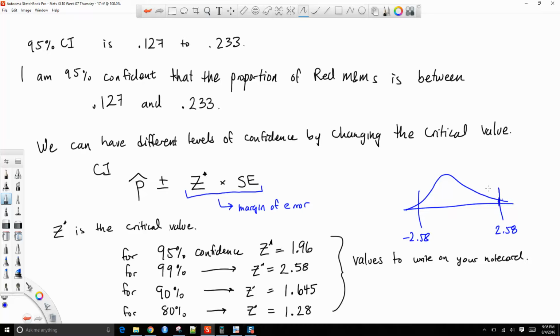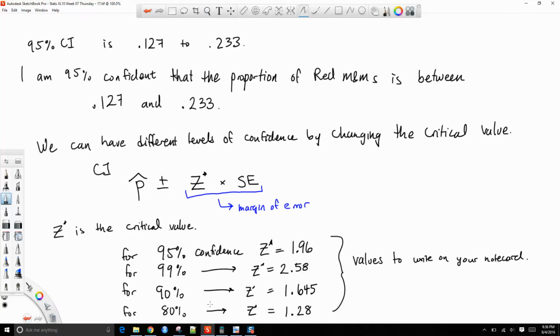If you look up this number, you'll have 0.995, and if you look up this number, you'll have 0.005, and the difference between them, the value in between, will be 0.99. That's what's going on. If you're really into where all of these things come from, that's fine, but these are really the only values that you need to know.